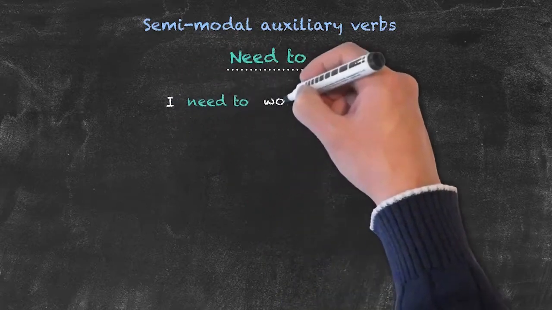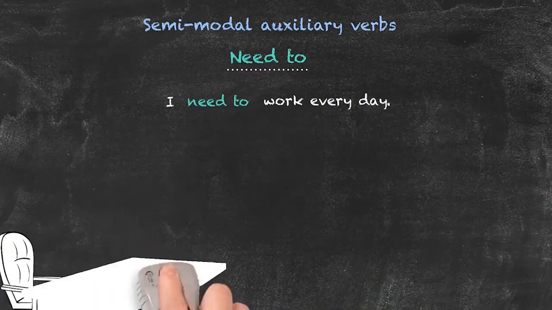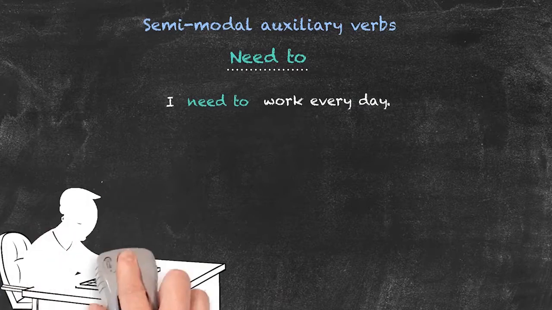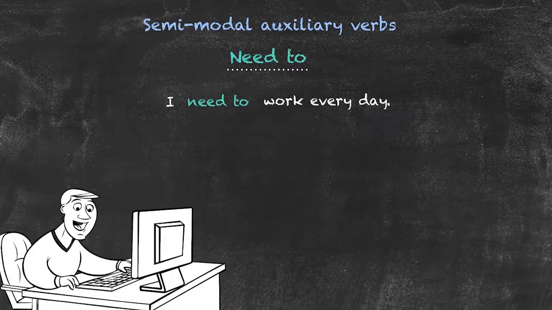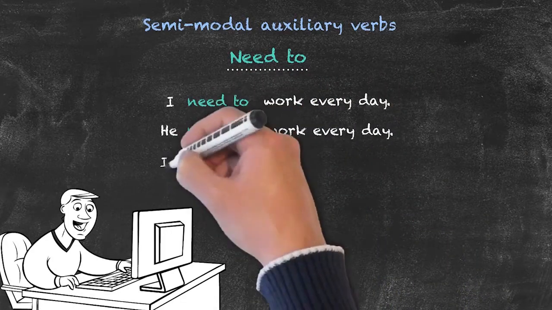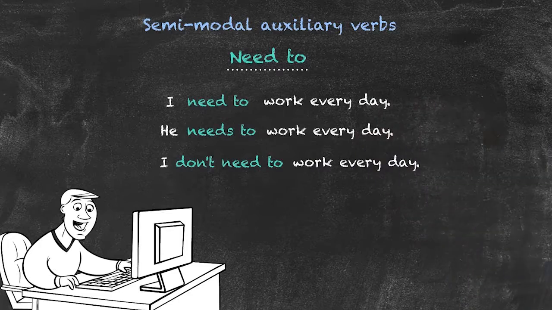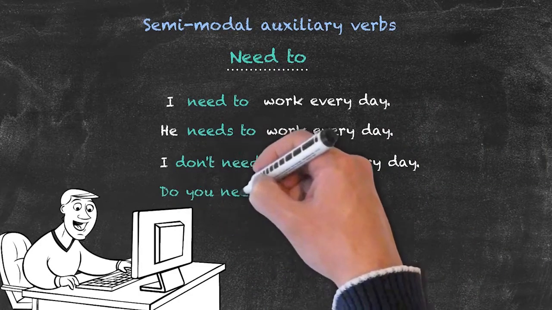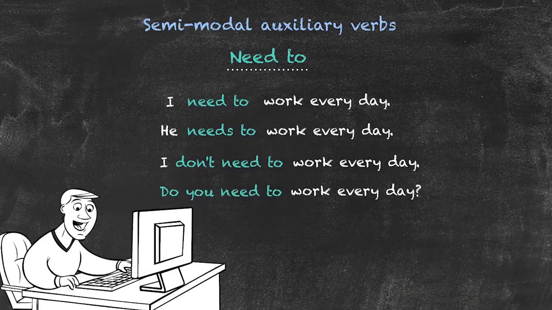I need to work every day, for example. Unlike true modal auxiliary verbs that don't change their form, if we use the pronoun he, in this case, we add an s. To make a negative, such as I don't need to work every day, we use the auxiliary verb do. The same with a question. Do you need to work every day? Again, we're using the auxiliary verb do.